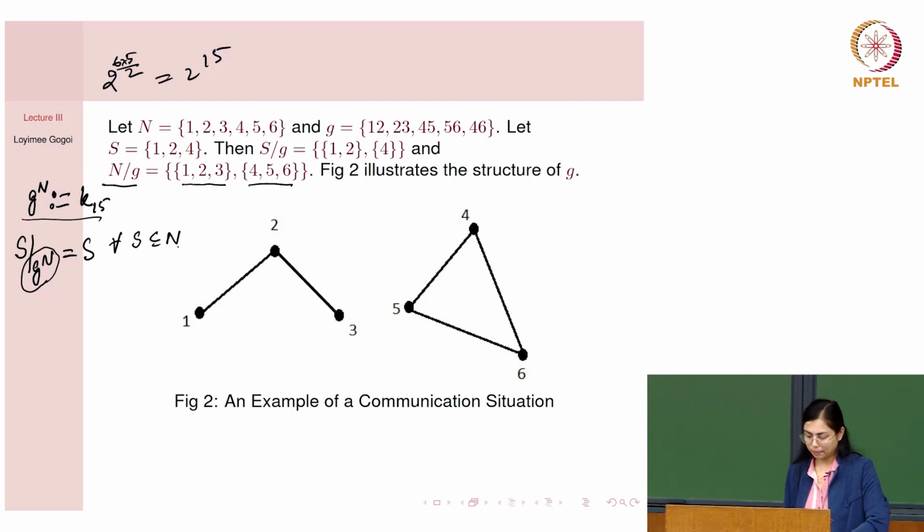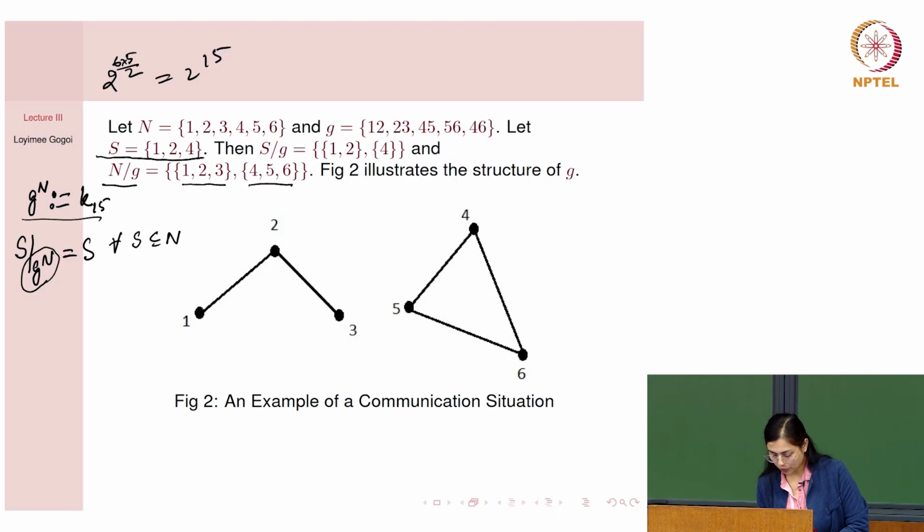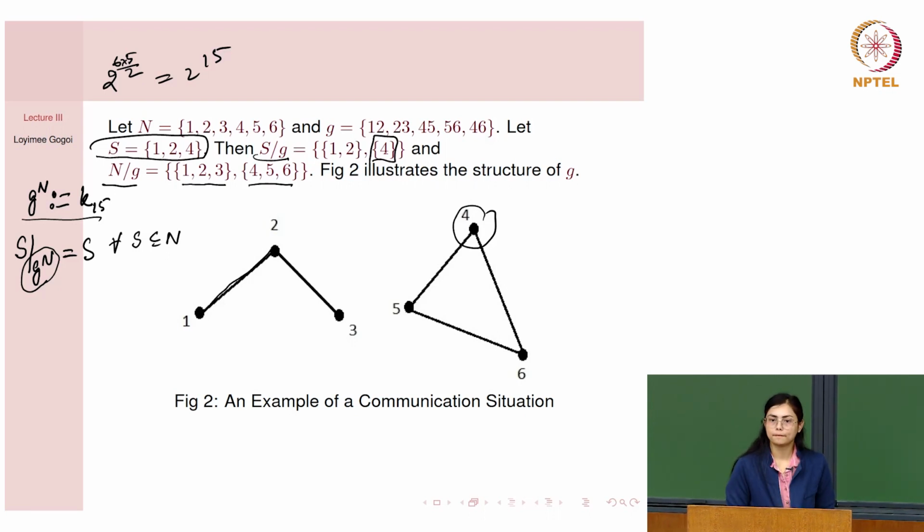Similarly, if I consider another coalition S with 1, 2, 4, then S over G will be 1, 2 together, since 1 and 2 are connected, so they belong to the same component, and 4 does not have any connection to 1 or 2, so it is another coalition. Can you do 1, 3, 4?